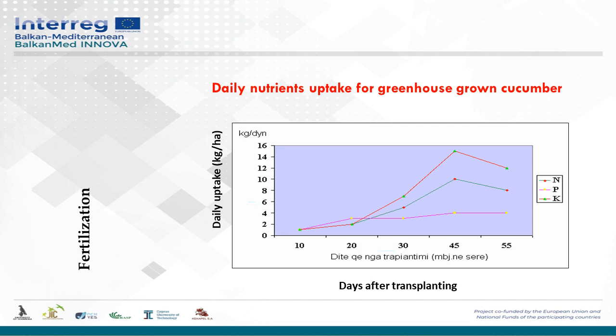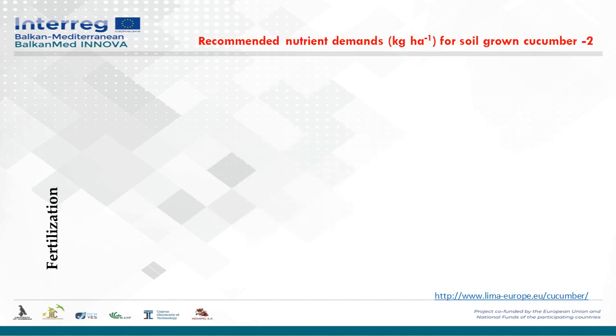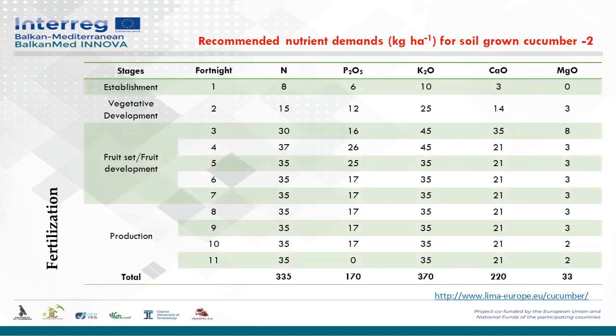But for a clearer picture and more detailed information about the nutrient requirements of the cucumber crop, you might see this table, which expresses the recommended nutrient demands in kilograms per hectare for a greenhouse cucumber grown under natural soil.